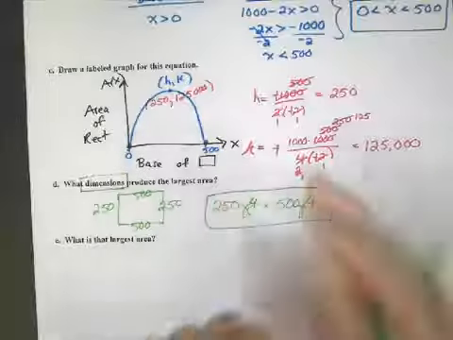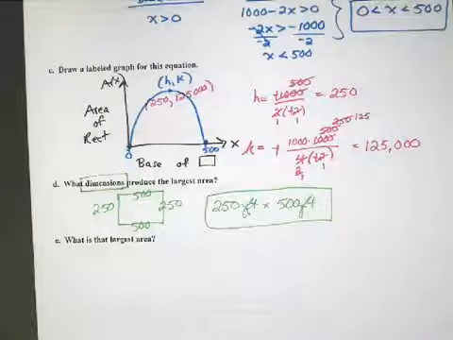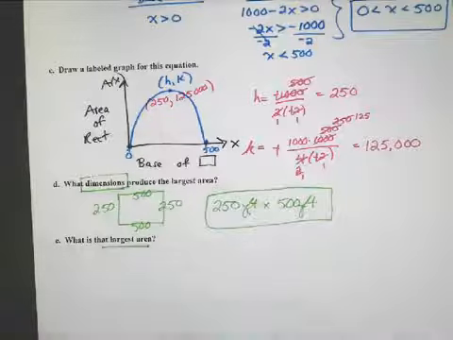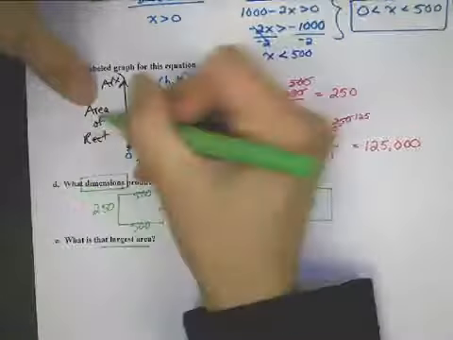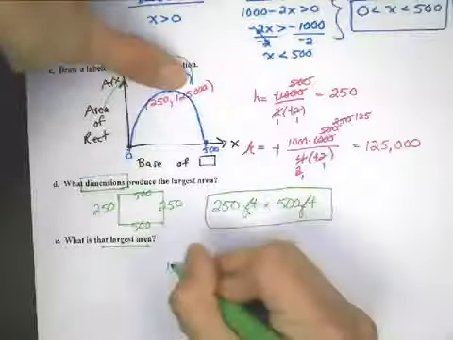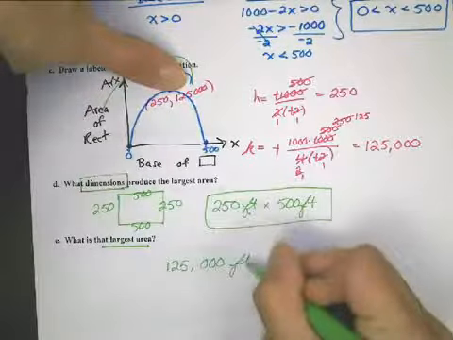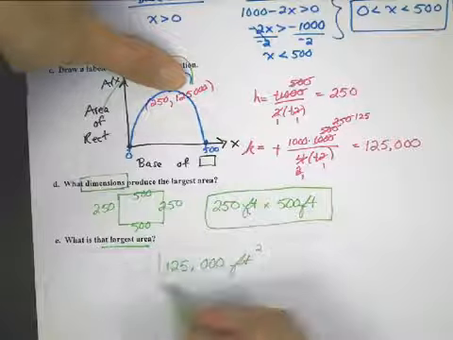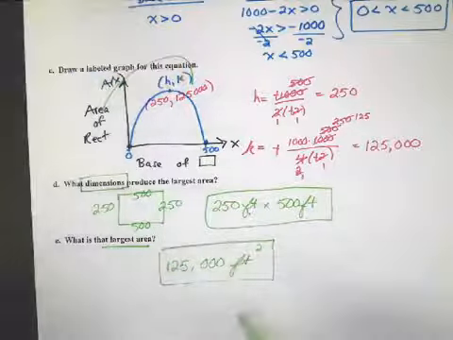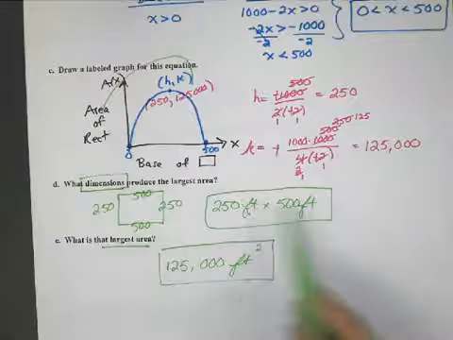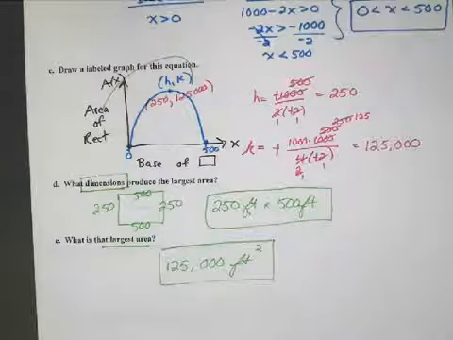Those are the dimensions that make the biggest rectangle possible. What is that largest area? The largest area, that's the Y. That's 125,000 feet squared. And you could always check, does this base times this height make this area? Feet times feet, feet squared.